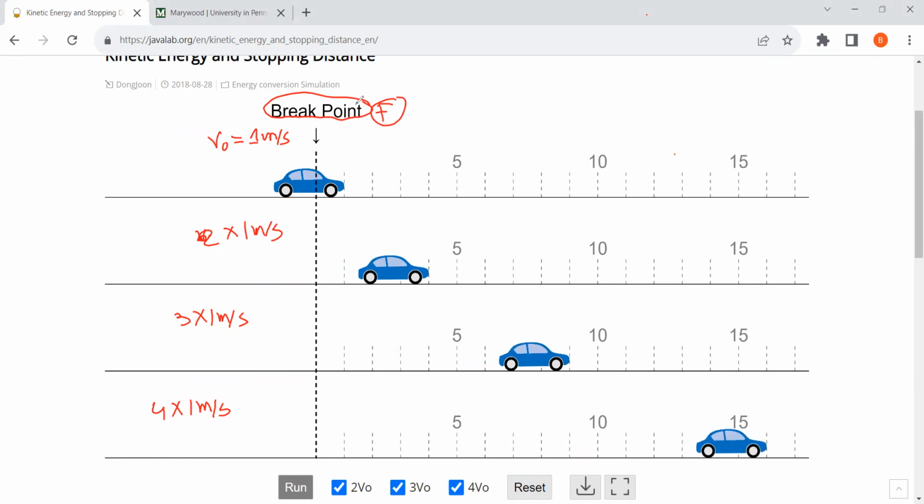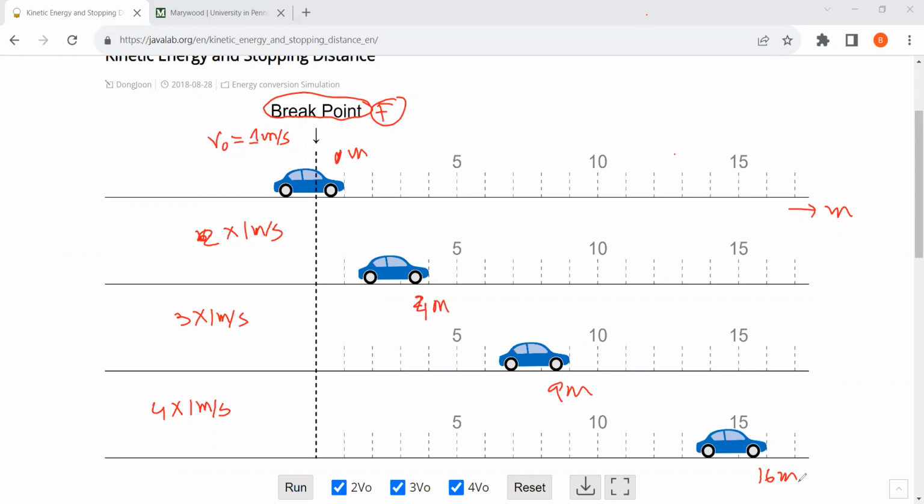You see that the first car stops at 1 meter. Let's say the unit for this axis is meter. So it stops at 1 meter. The next stops at 4 meters, then at 9 meters, and then at 16 meters.